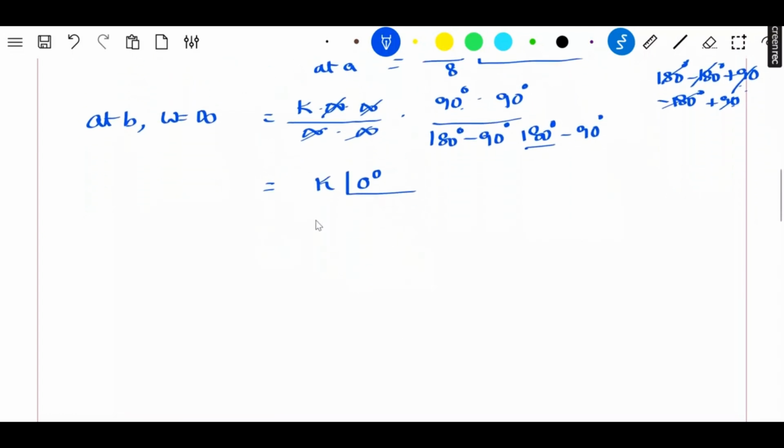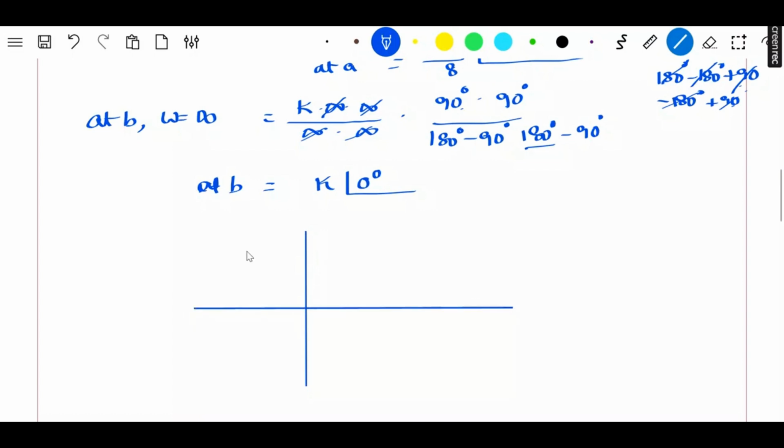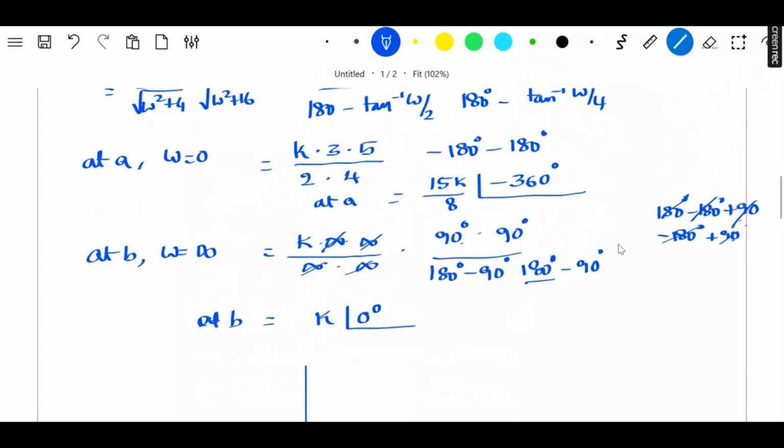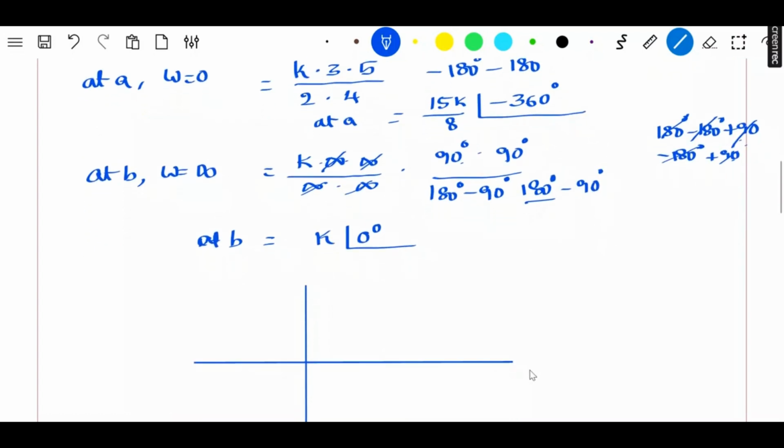So if I try to write this contour in our diagram, at A it is 15K by 8 at an angle minus 360. So we know that angle minus 360 is somewhere here.